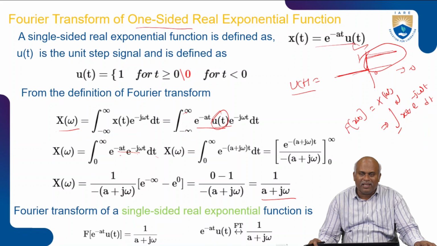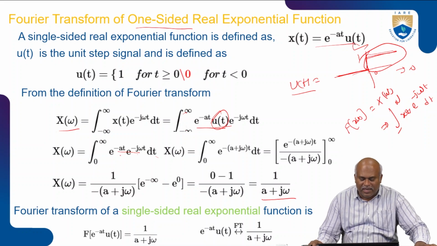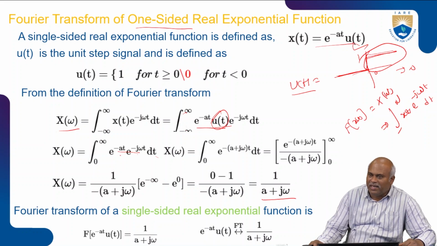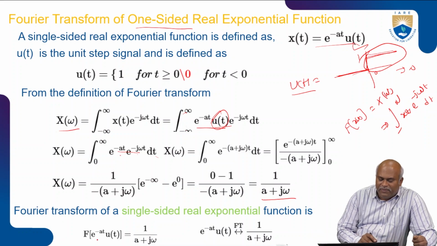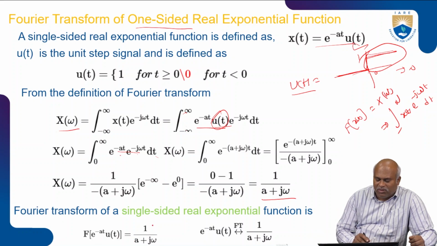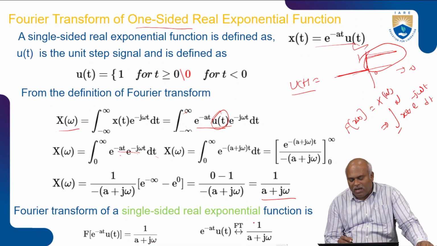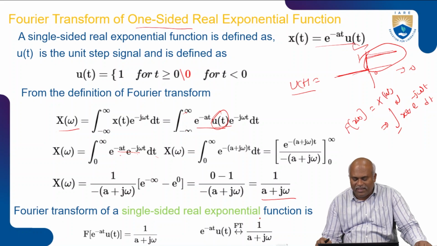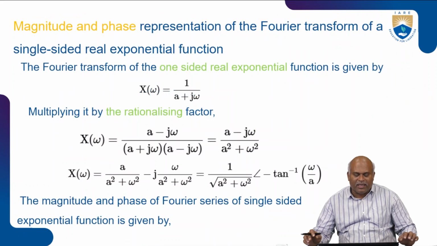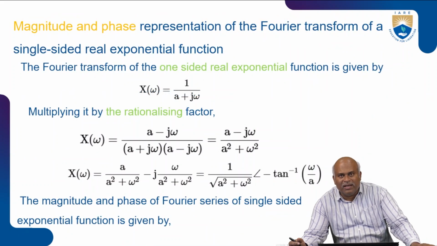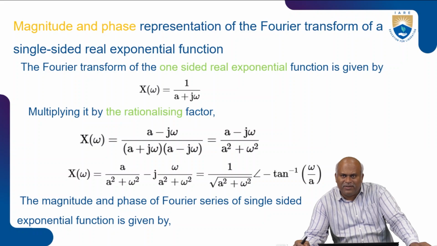So the Fourier transform of e power minus a t u of t is equal to 1 by a plus j omega. Okay, next, we got X of omega as 1 by a plus j omega.